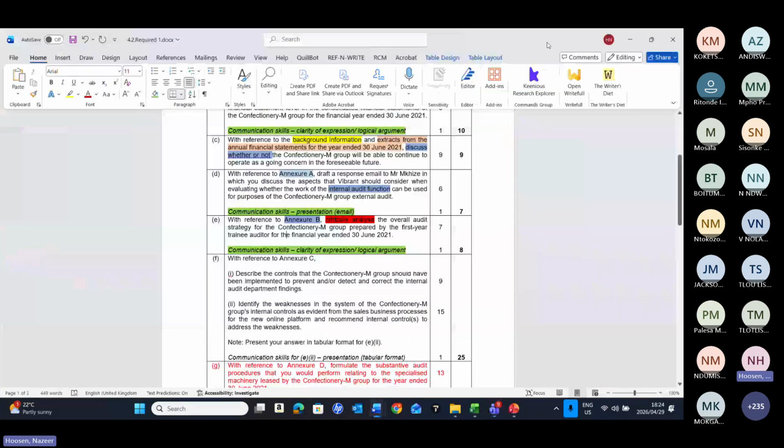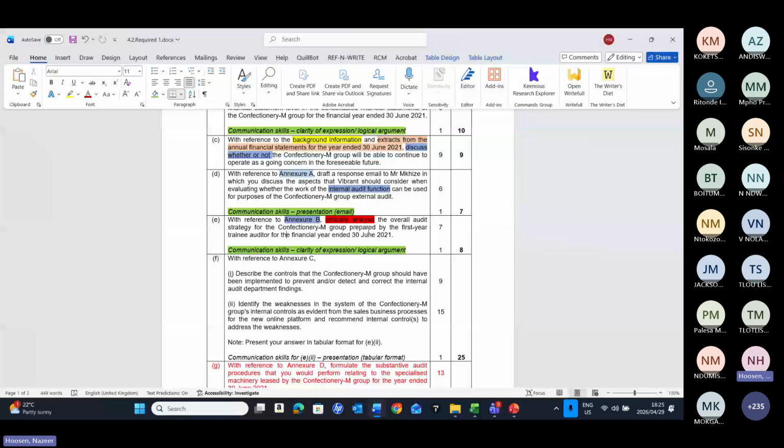So if you were to evaluate the overall audit strategy for the confectionery M group prepared by the first year trainee auditor, you could evaluate, but I think a critical analysis is specific to take an in-depth dive. I think that has more impact. But I guess you could interchangeably use the evaluation as well. Like I said, if the marks are low, it would not make too much of a difference.